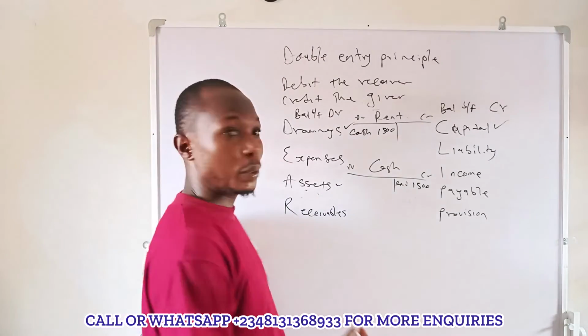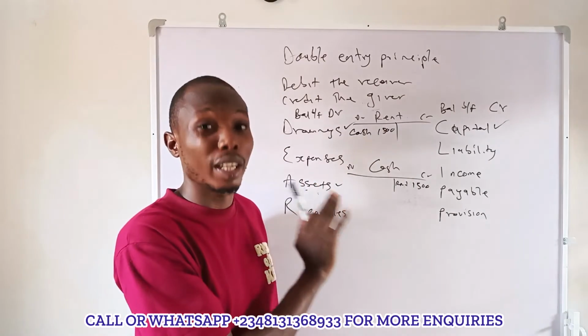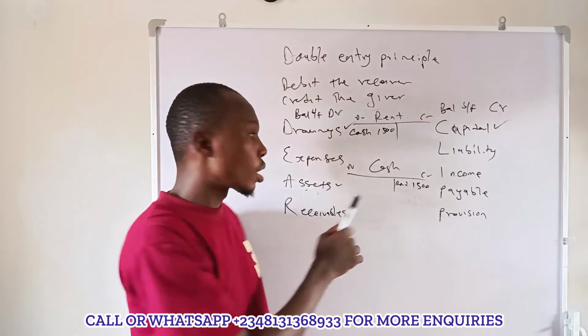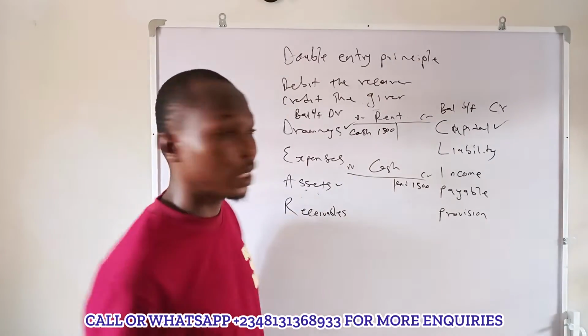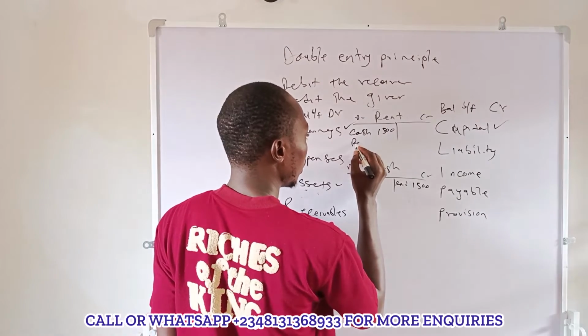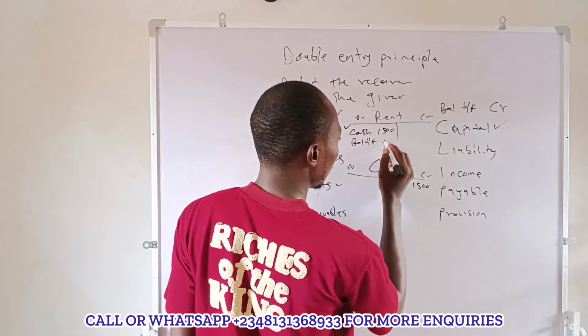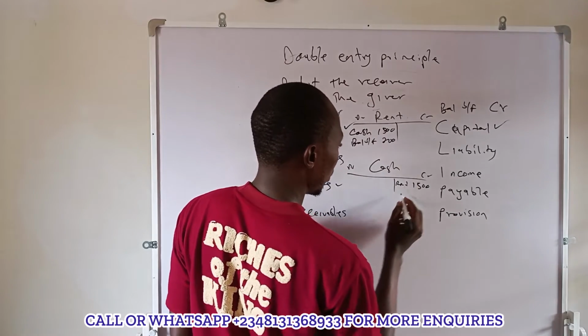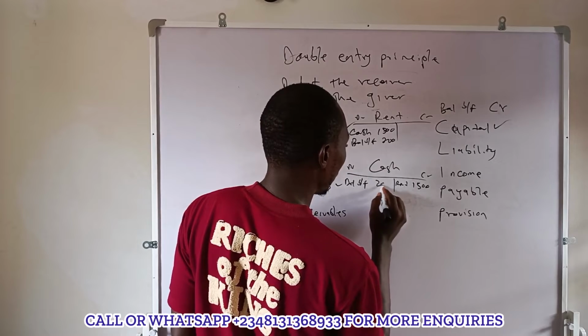How do we follow that up? Let's see. So let's say we have balances. Remember, rent is an expense. The favorable balance brought forward is on the debit side. Cash is an asset. The favorable balance brought forward is also on the debit side. So let's say we have a balance brought forward of 200 for rent, and a balance brought forward of 500 for cash.